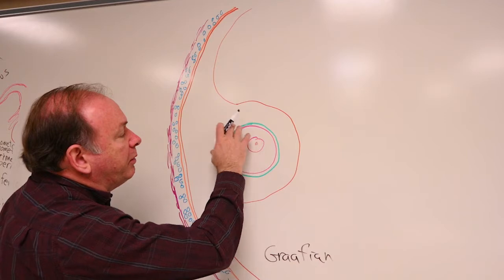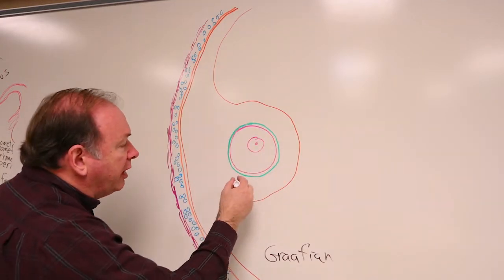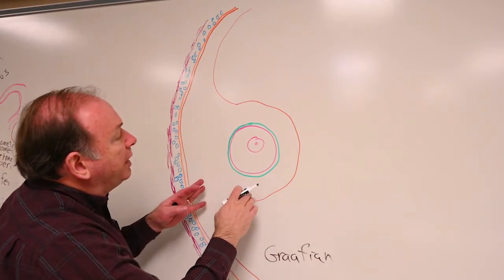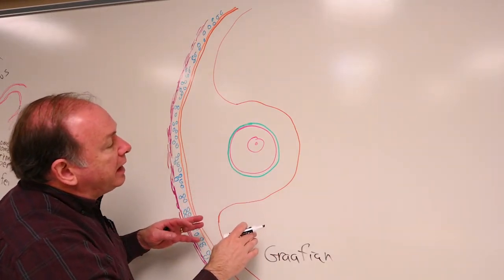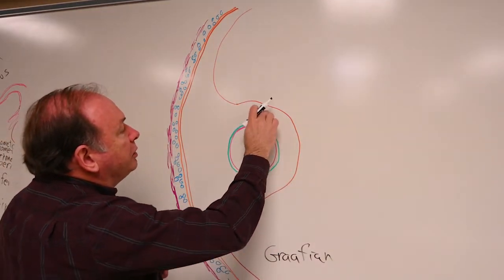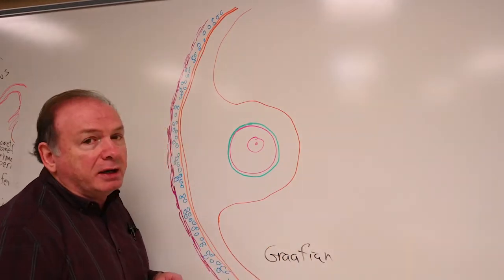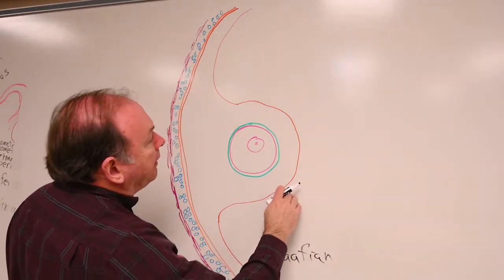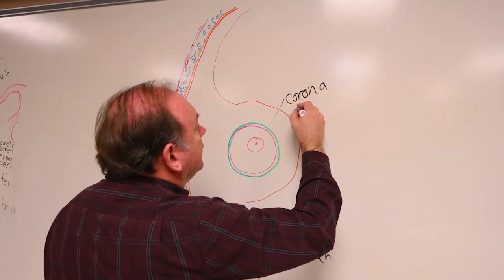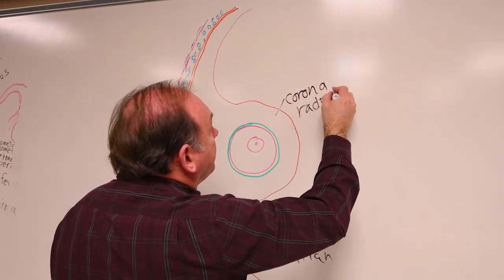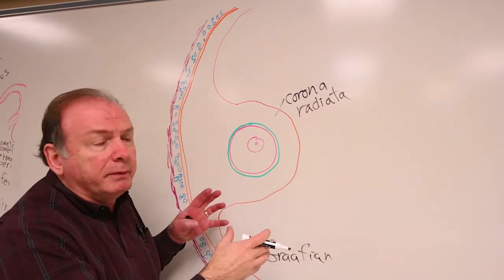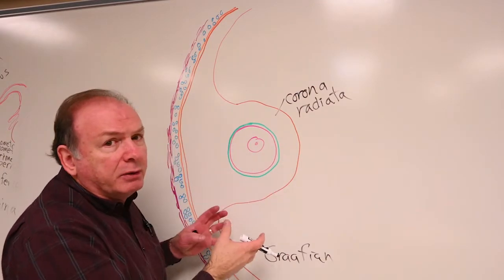And then outside of that we have all these follicle cells, which I didn't draw in as tiny cells this time, just to show what areas are which. We have an area around the oocyte here, extending out into the antrum space, that is called a corona radiata. It's not a new structure really, it's just more follicle cells, and they're just reshaped.